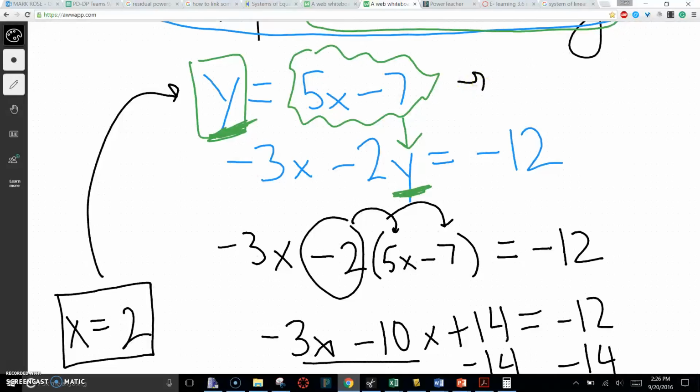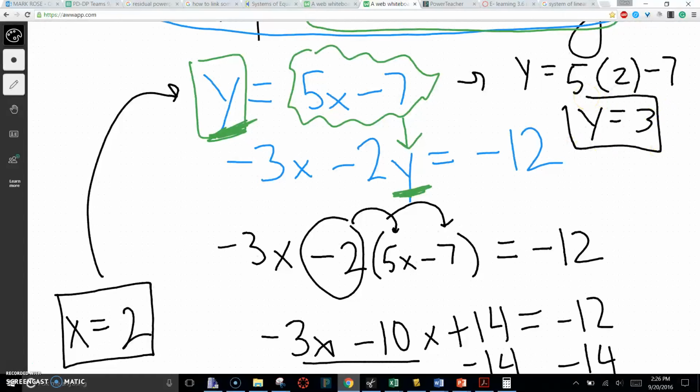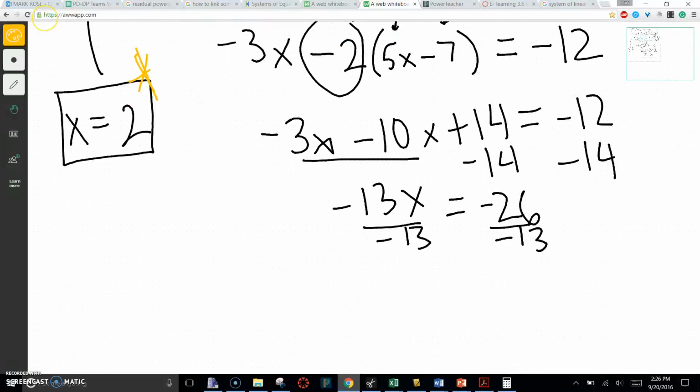So I'm going to just replug that back in and say y is equal to 5 times 2 minus 7, which means my y value would be, well, 5 times 2 is 10, 10 minus 7 is 3. So those are my answers. And I would write my final answer, if I scroll down here, as 2, 3.